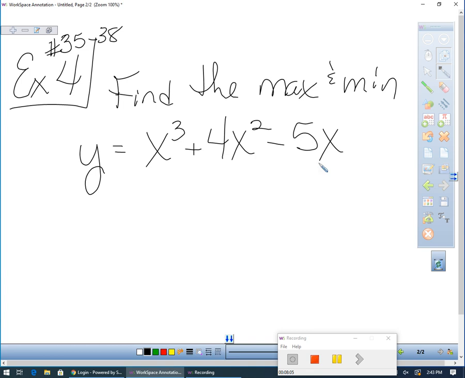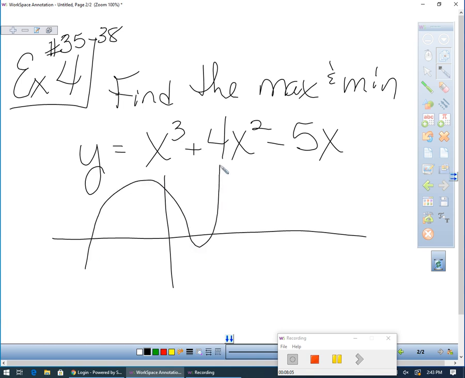The y equals in the upper left. Then hit graph. Yes, please. Okay, so hold on. Let everybody catch up. Okay, if you cannot see it, it should look something like this.